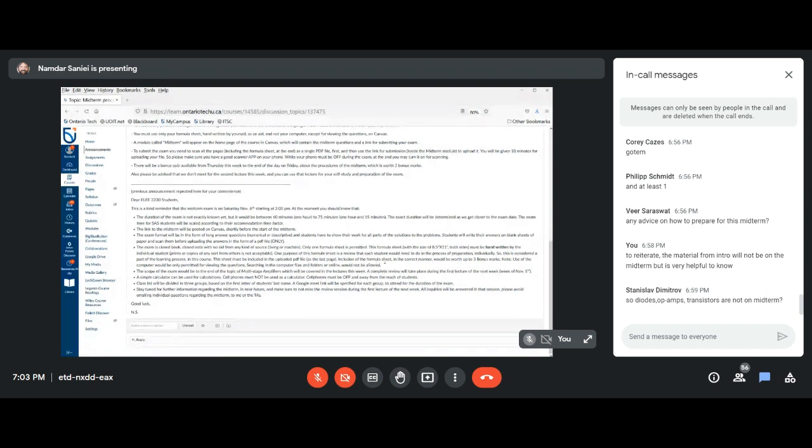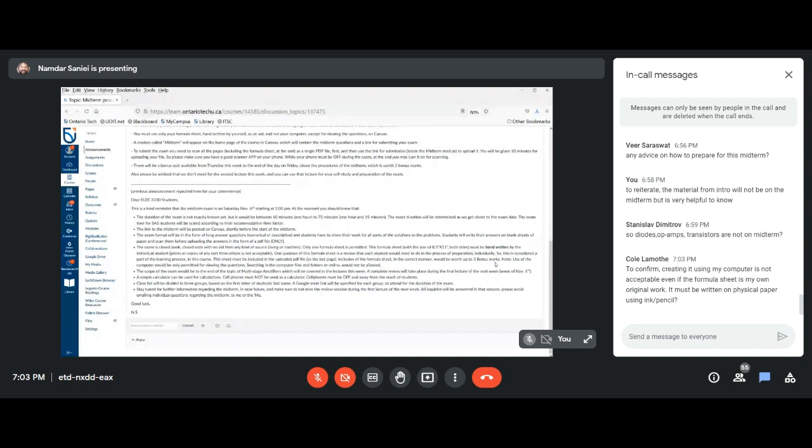Inclusion of the formula sheet in the correct manner would be worth up to 3 bonus marks. Basically, it's the formula sheet which is worth up to 3 bonus marks.